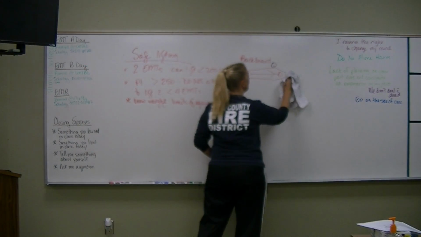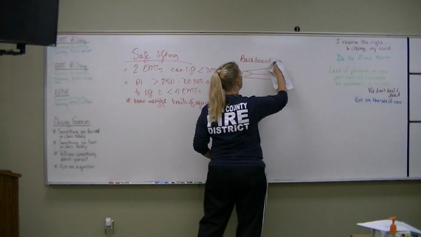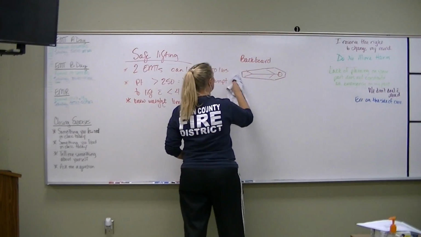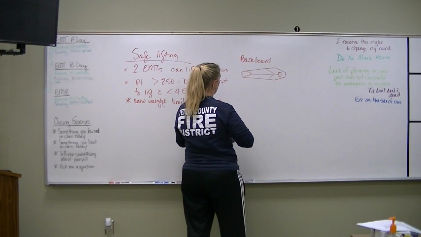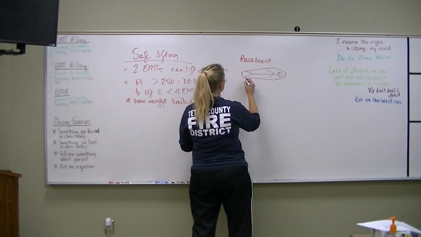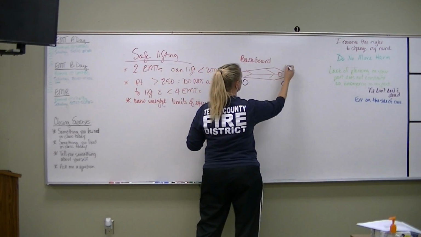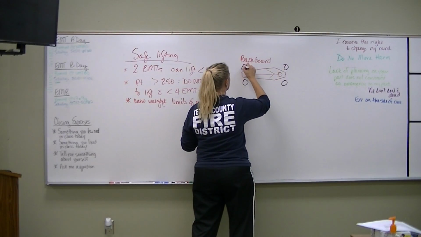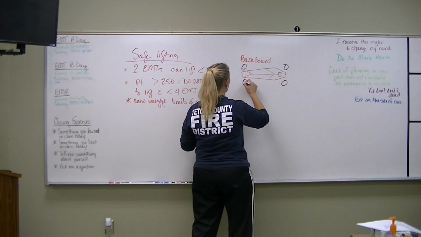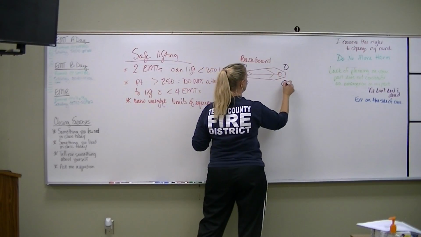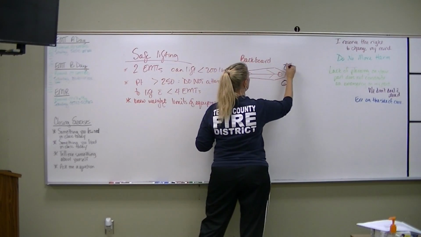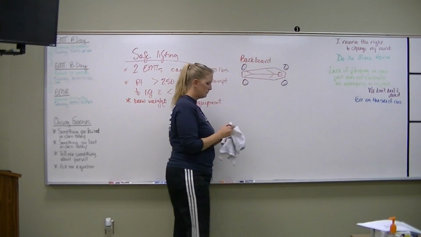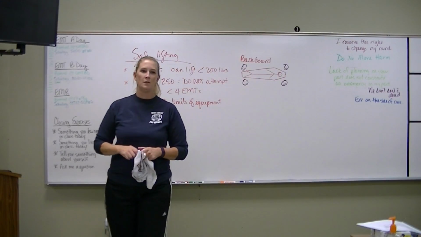What's the difference between a diamond carry and a 4-person carry? 2 at the feet, 2 at the head. You don't get quite the stability. Weight distribution isn't as good. The people on the feet are basically carrying nothing.